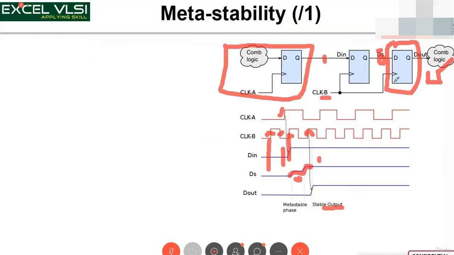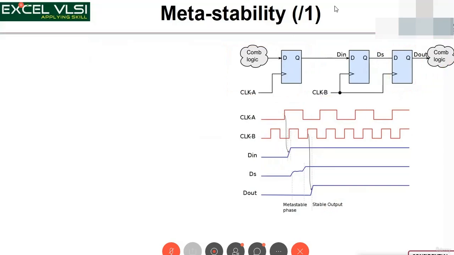Here you are assuming it settles down within some specific period of time, and after that period we will get a stable D out.